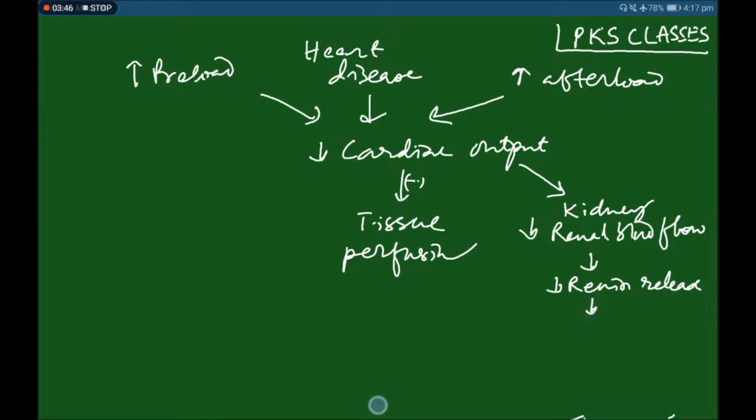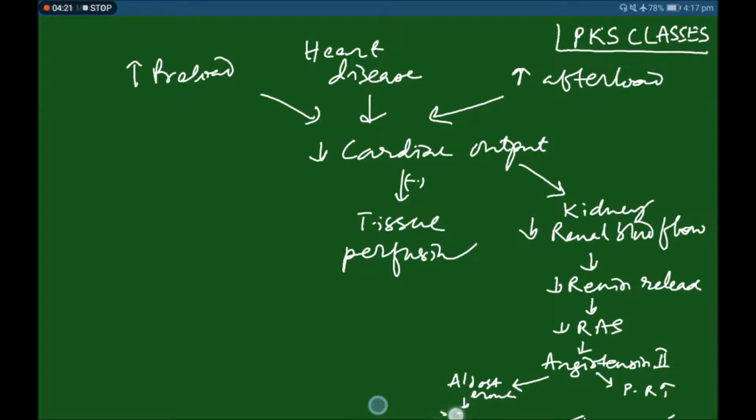So this inactivates the renin angiotensin system, so there will be less angiotensin 2, and angiotensin 2, as in our previous class we have discussed, causes vasoconstriction and increases the peripheral resistance, and angiotensin 2 also increases the secretion of aldosterone which causes the salt and water retention.